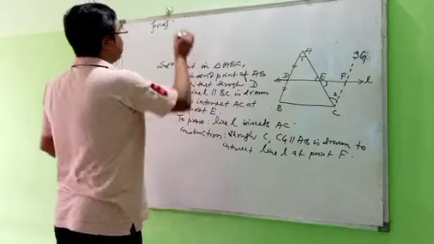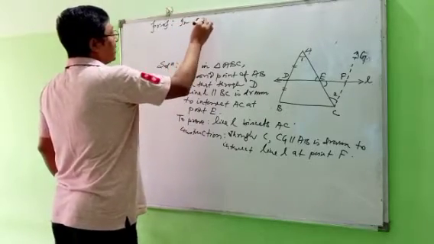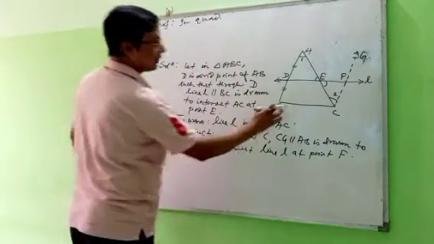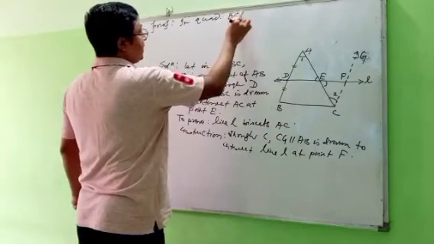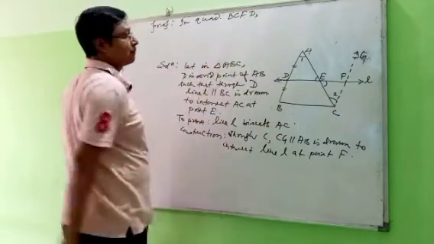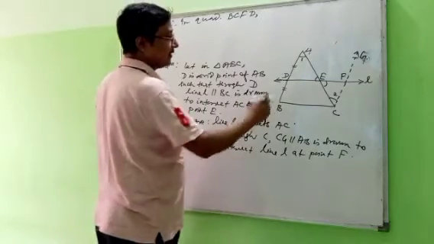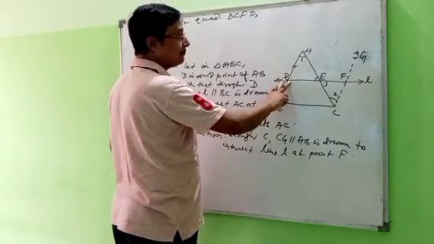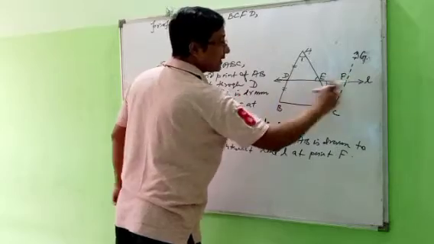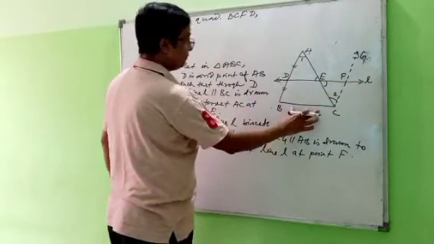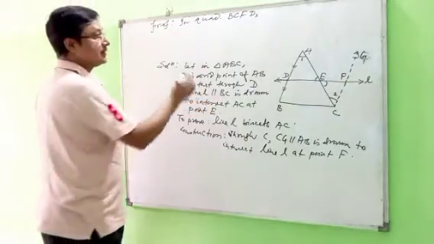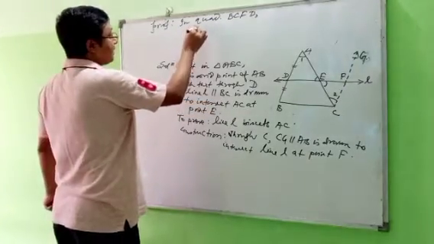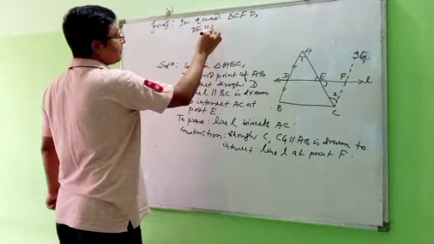Now in quadrilateral BCFD, it is given that the line L drawn through the midpoint D is parallel to the side BC. So it is given that DF is parallel to BC.